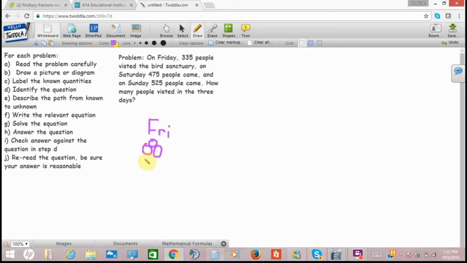Let's do 3. So this will represent the 335 people on Friday. And then on Saturday, we're gonna draw the 3 little circles again that represent the people. On this day, 475 people came.